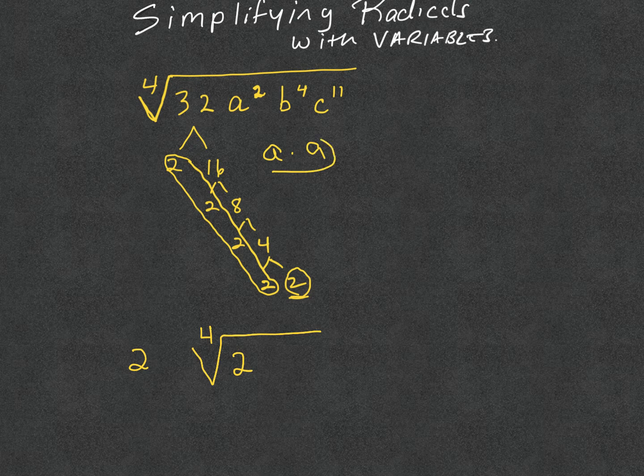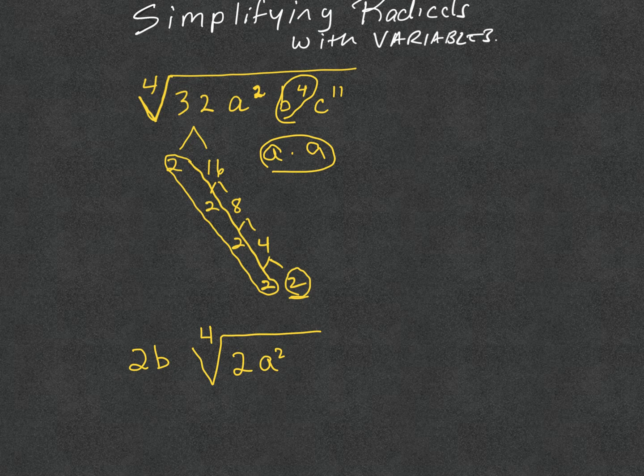Well, a times a does not make a group of 4, so you leave it in the radical, a squared. You see b to the fourth, that makes a group of 4. So you're going to take out one of them, so it's going to be b. And of course, that's all we had. We had one group of 4.